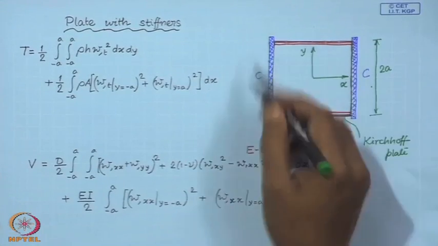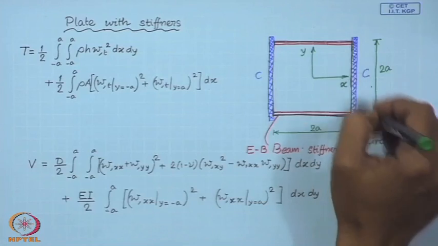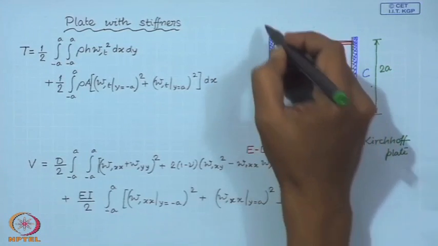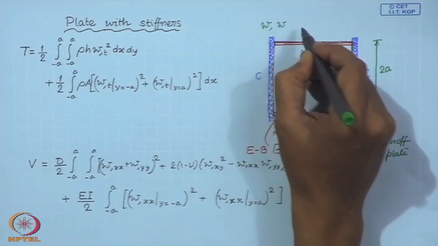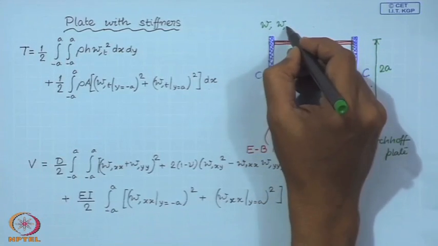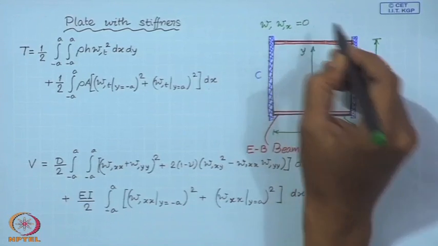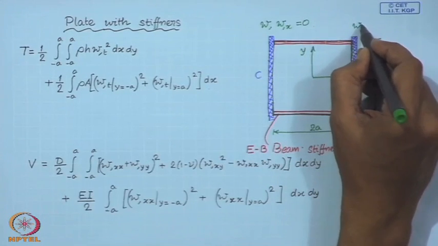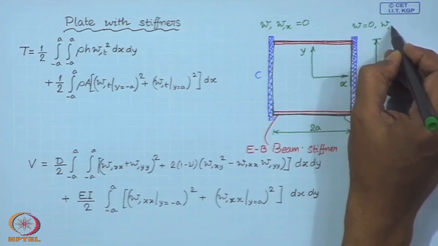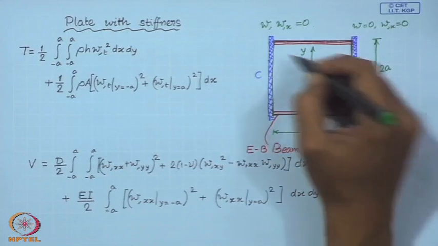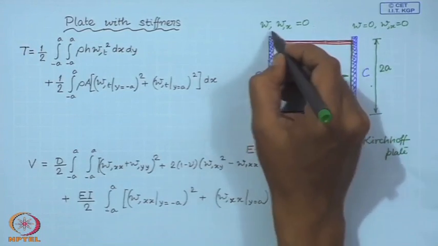In this problem we have the geometric boundary conditions only on these two edges, where the displacement and the slope are 0. So, on these two edges we have the displacement and the slopes as 0.